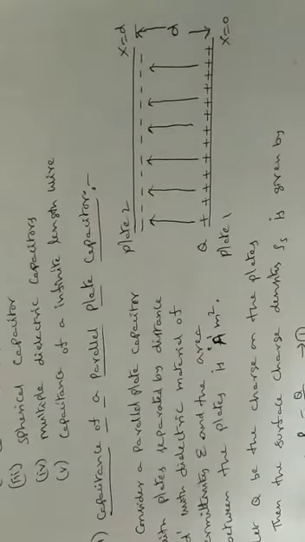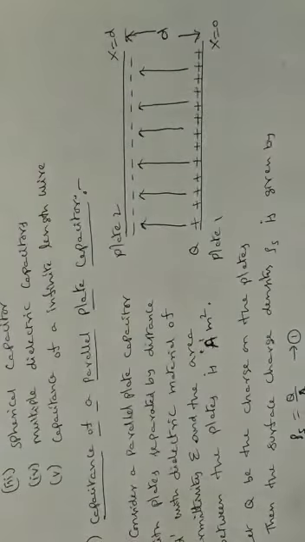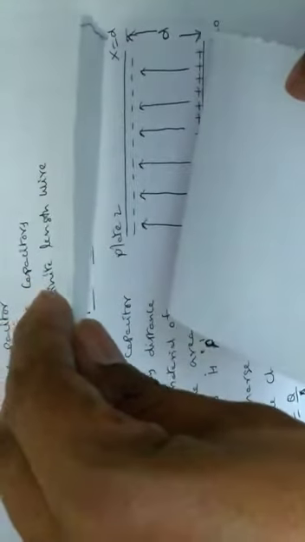What is meant by a parallel plate capacitor? That means two plates, right? Assume this is one sheet or plate, and this is one more sheet or plate. These two are separated by a very small distance, say d.